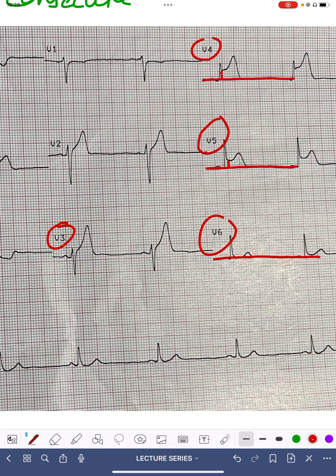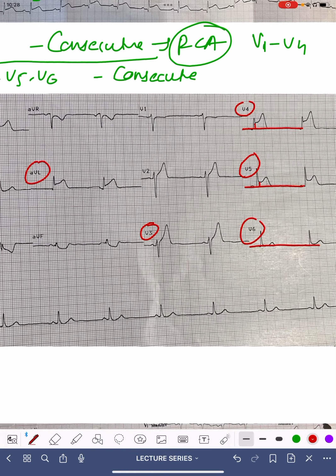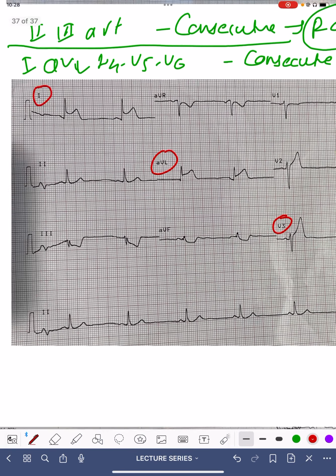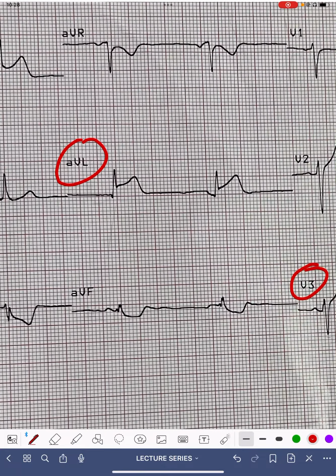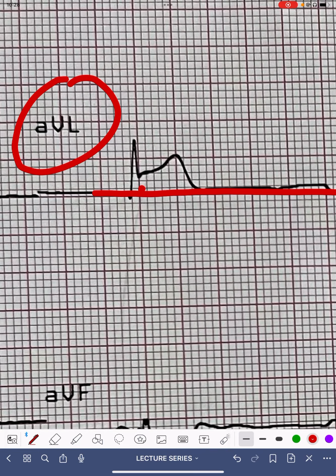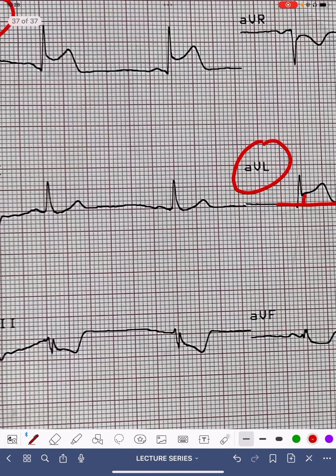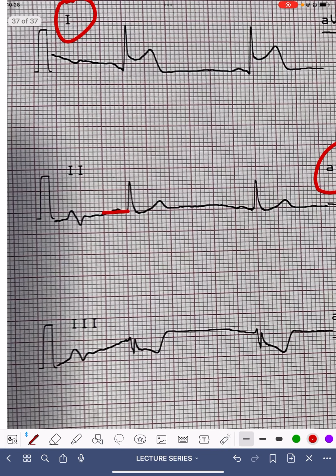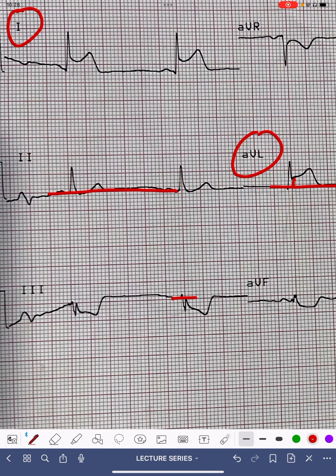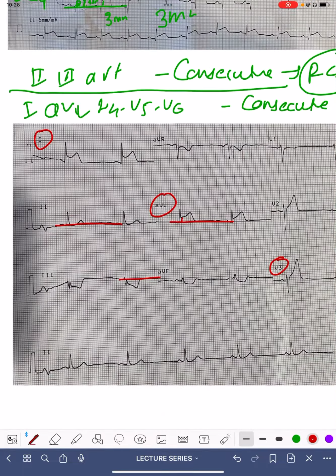In lead V3 there is no very significant ST elevation, but in leads V4, V5 the ST elevation is there. And if you look here in lead aVL, you can very nicely make out that there is 1, 2, 3, 3 millimeter ST elevation. Look at lead 2. In lead 2 there is no ST elevation at all. In lead 3 there is actually reciprocal ST depression.